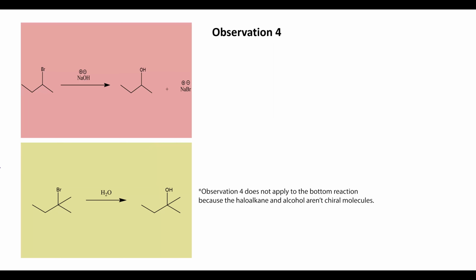So if we look at the top, we have a compound that is going to keep its optical activity. In the bottom reaction, there's no optical activity that is retained. So how in the world do we explain these observations? What kind of hypotheses can we come up with to clarify all of this? This is what we're going to talk about next time.